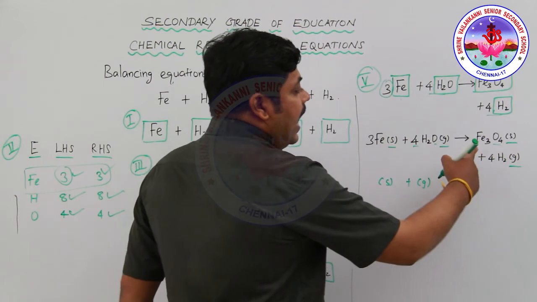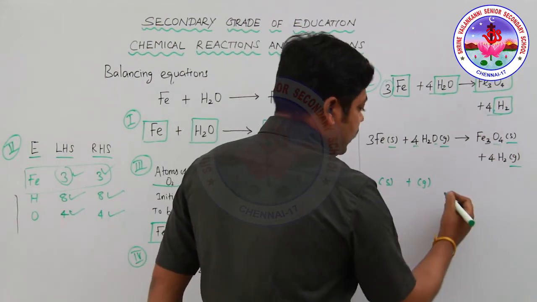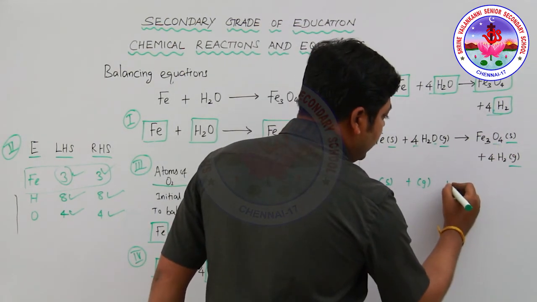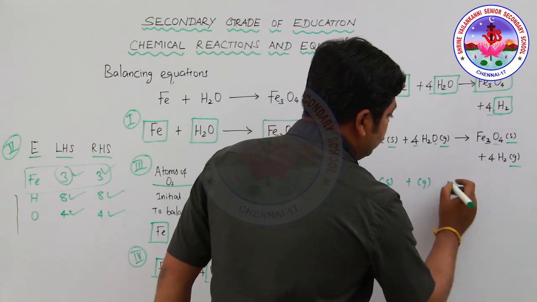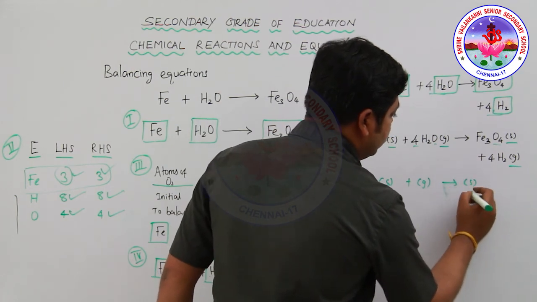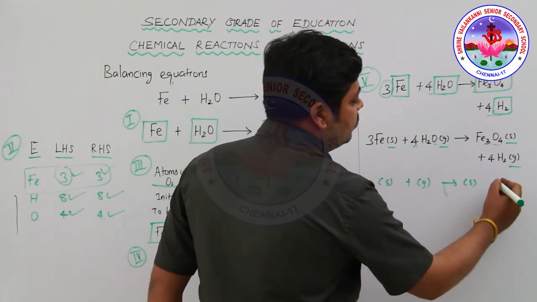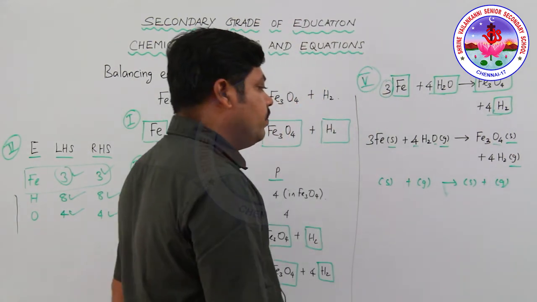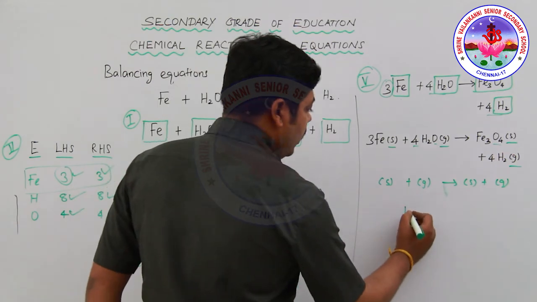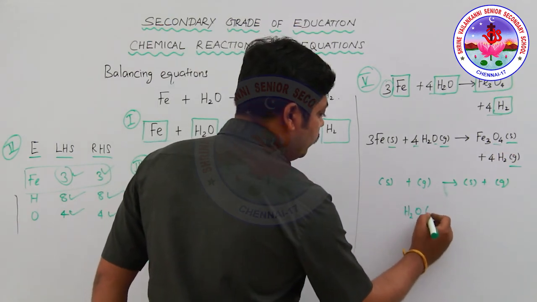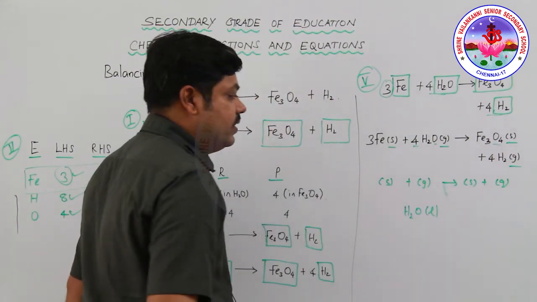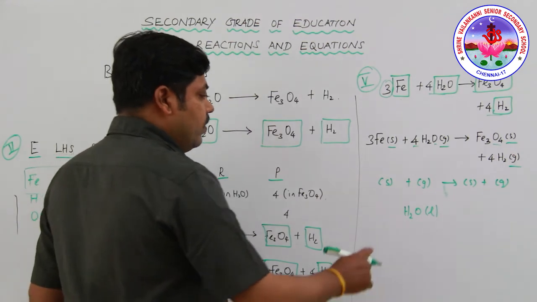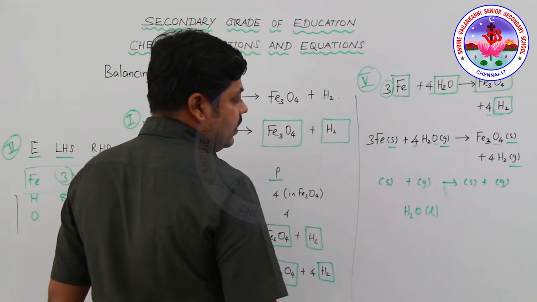Then the iron oxide, Fe3O4, is solid, so just put the symbol s. And hydrogen is also gaseous form, just put g. Sometimes if water is in liquid form, you have to write l like this. So we can mention the physical state.